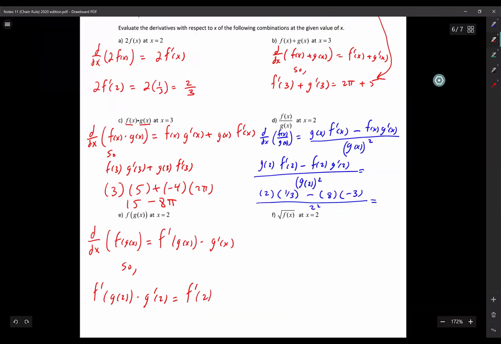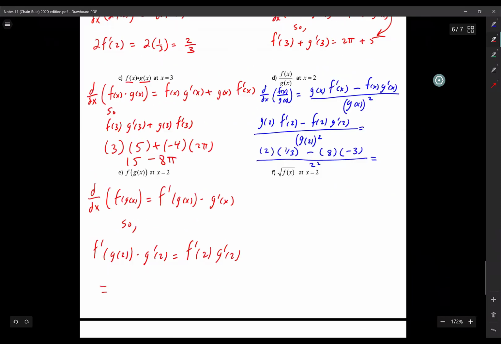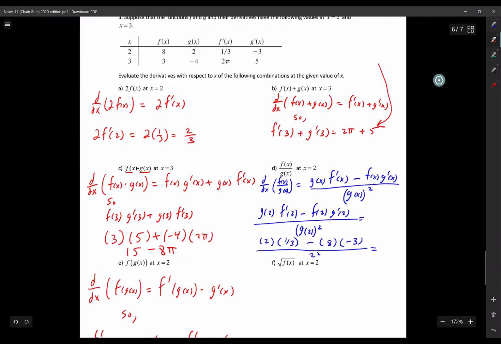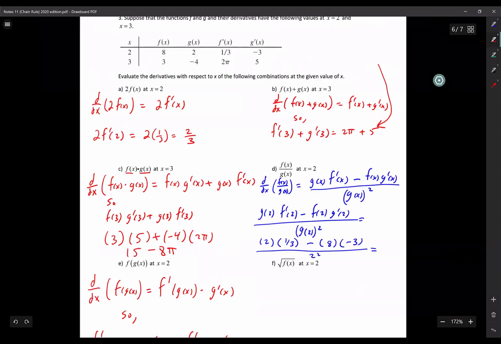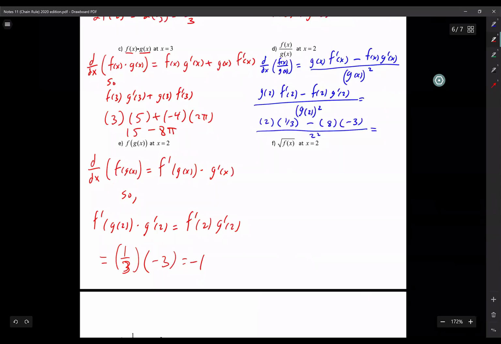So it comes out to f prime of 2, g prime of 2 by coincidence. So f prime of 2 is 1/3, and then g prime of 2 is -3. So it comes out to -1.